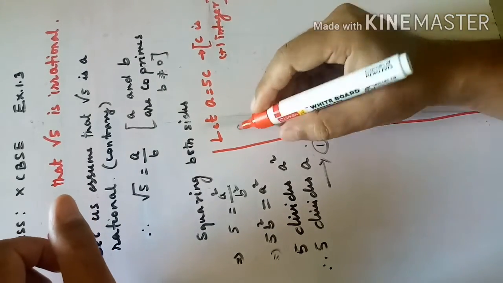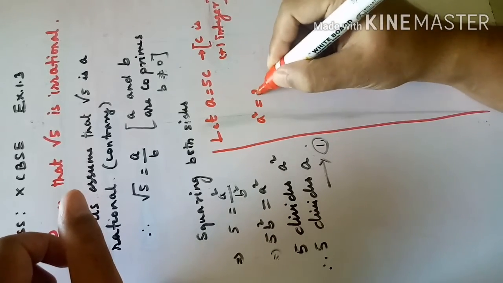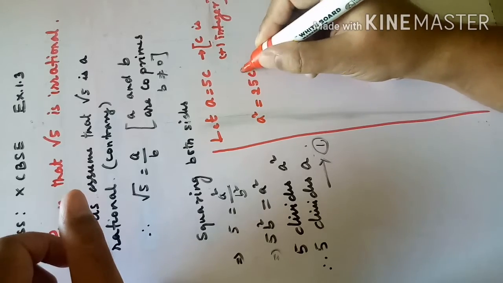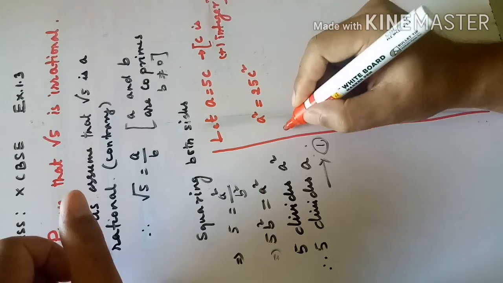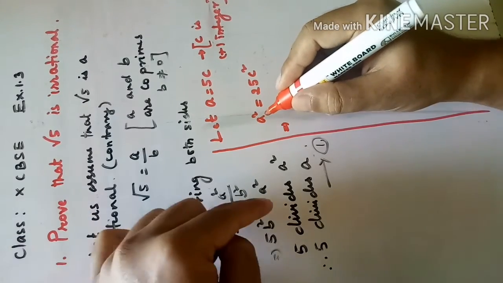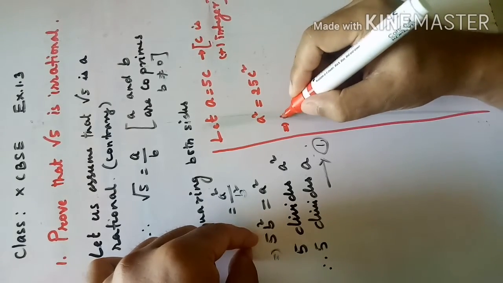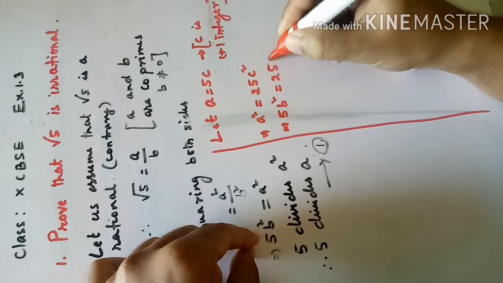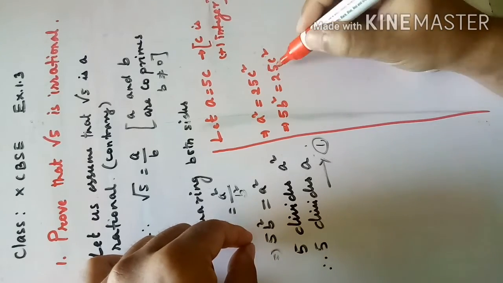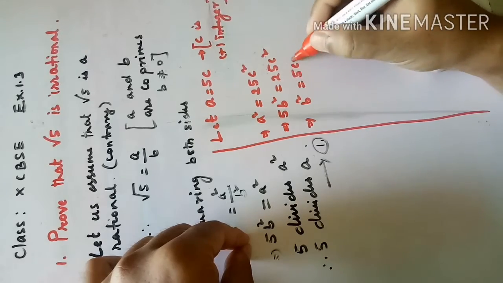Now again squaring both sides, what will you get? a square is equal to 25c square. Instead of a square I can write, because we got here a square is equal to 5b square, so 5b square is equal to 25c square. Now the 5 and 25 cancel, b square is equal to 5c square.